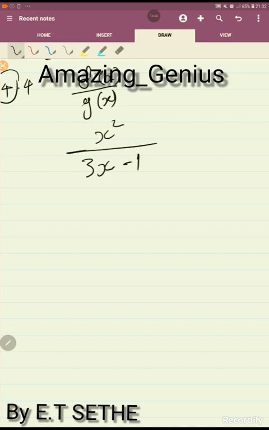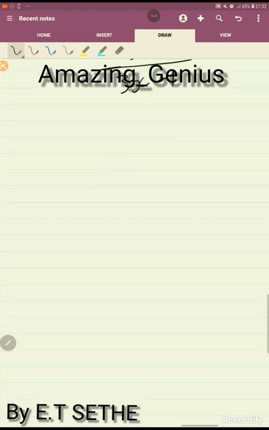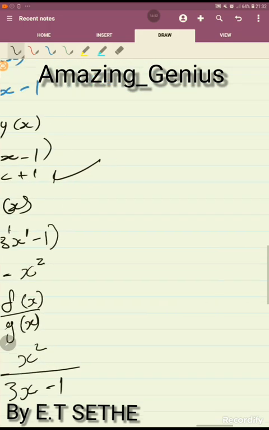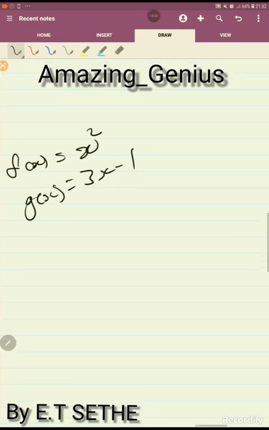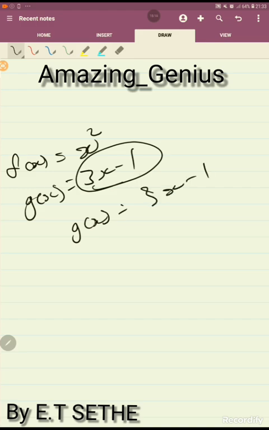So let's go to the last question, which is the domain and the range. Question 5, the domain and the range. Please, I need to explain something on question 4 before I go anywhere. Guys, if they say that f at x is equal to x squared and g at x is equal to 3x minus 1, meaning that wherever you see the value of g at x, you have to replace it by 3x minus 1.